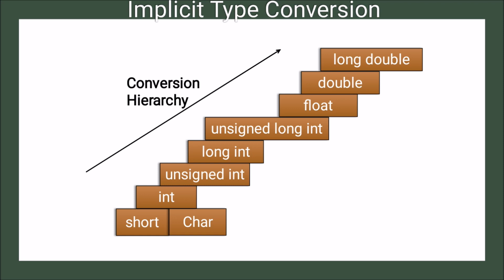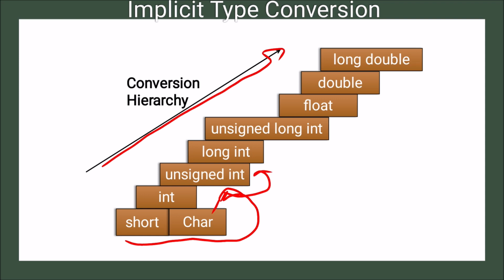And this is the conversion hierarchy for the implicit type conversion. Short and character are by default converted into integer. Now integer is by default converted into unsigned, unsigned to long, long to unsigned long, then unsigned long to float, float to double and double to long double.